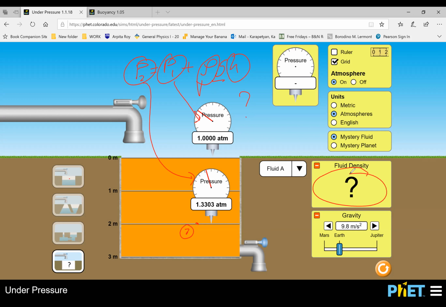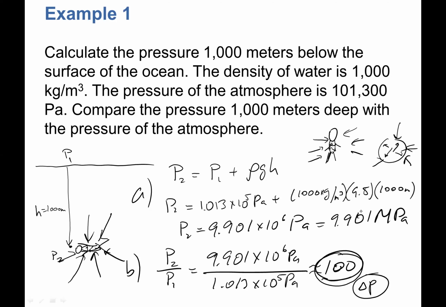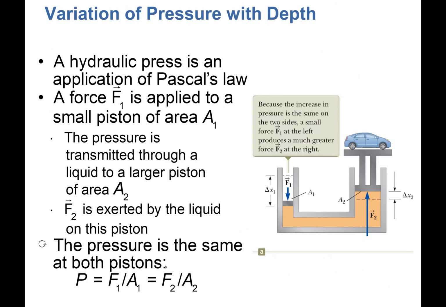All right. So let's go back to our lecture. One of the things I want to talk about is an application of Pascal's law.